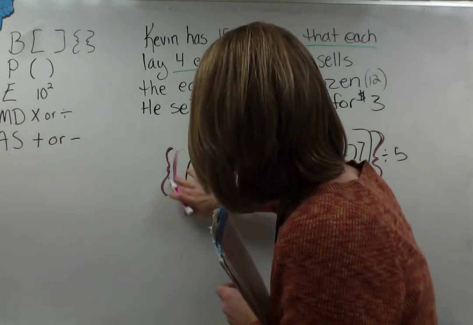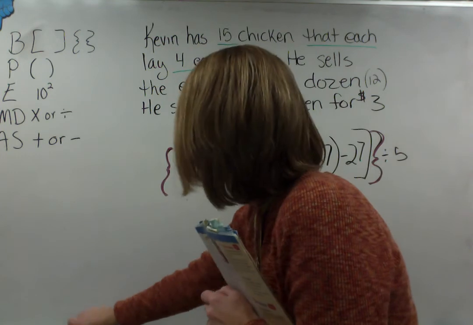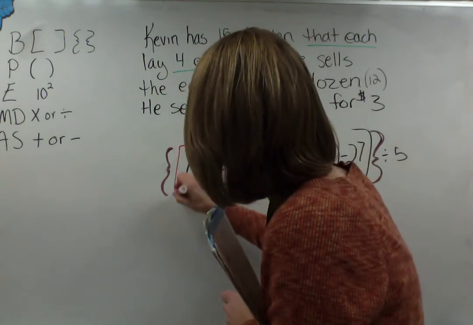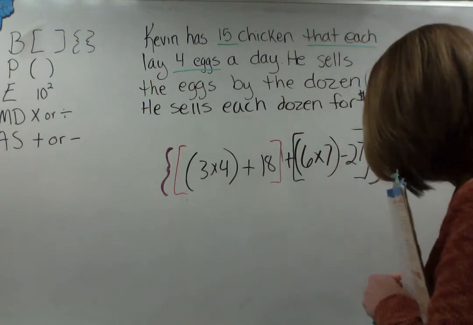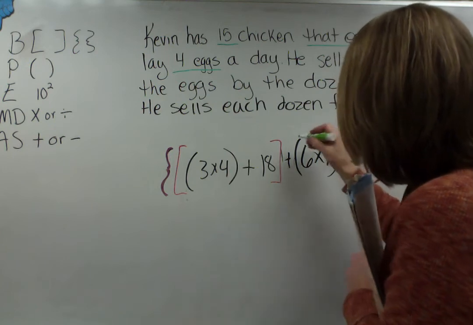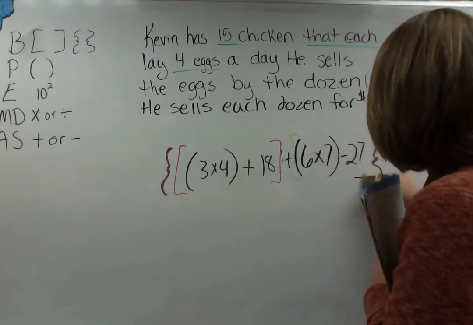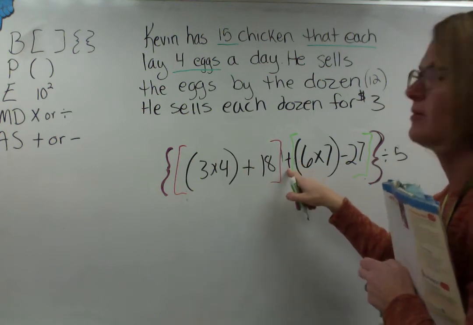Oh, that's almost the same color. Sorry, guys. This is one problem inside these brackets that you need to solve. And then there's a separate problem inside these brackets you need to solve. And then when you're done, you can put them together.